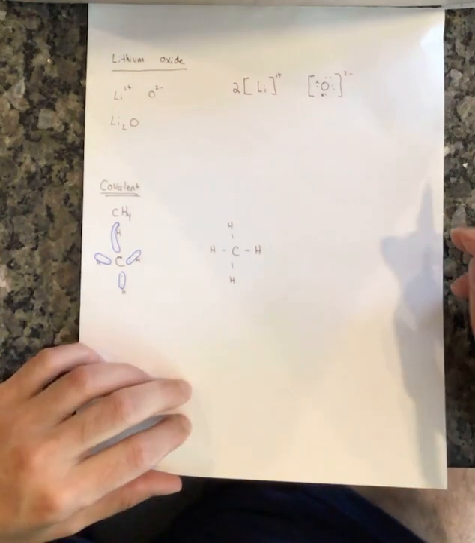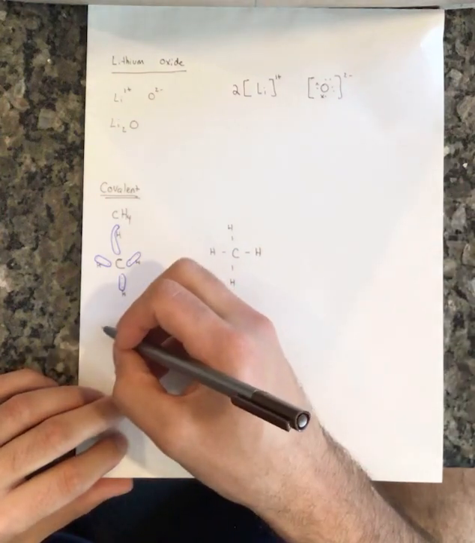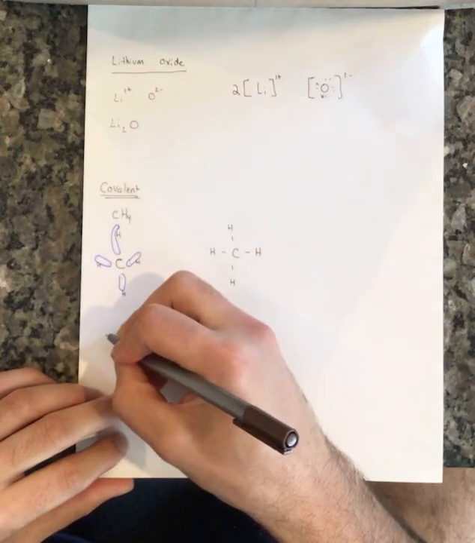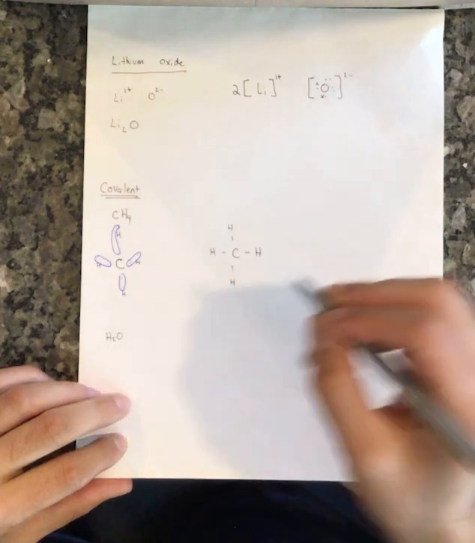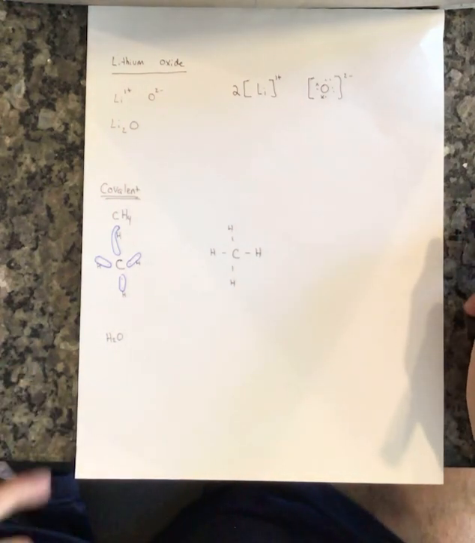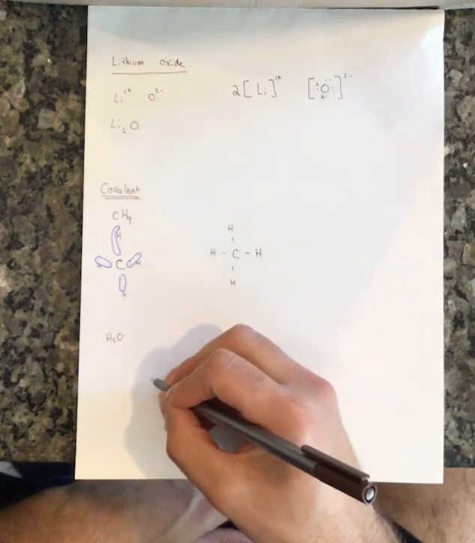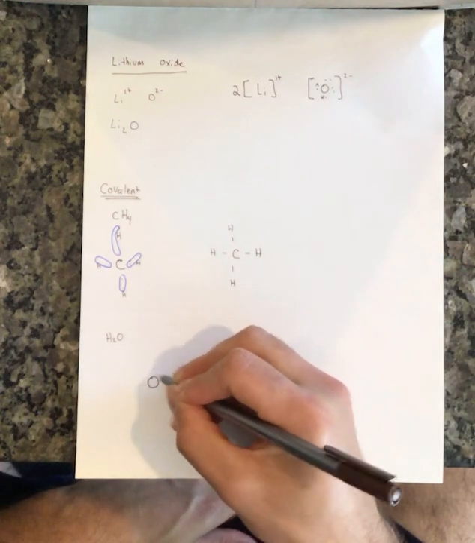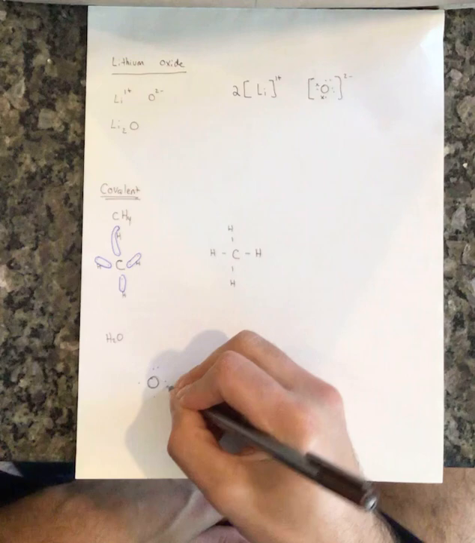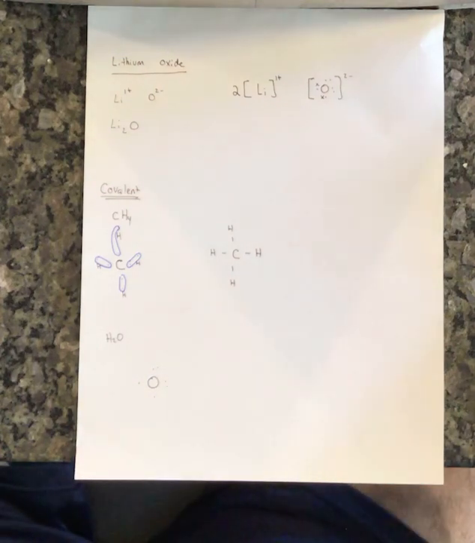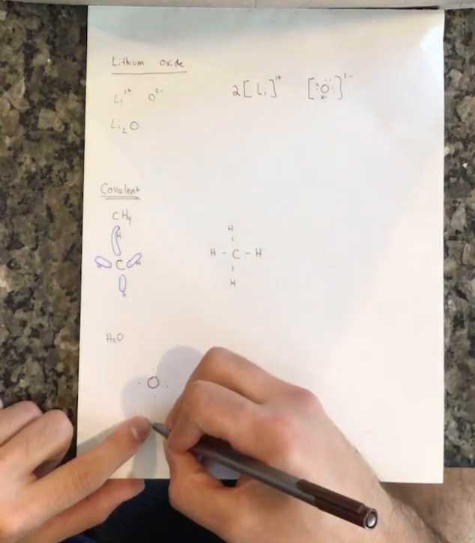All right, let's draw another one here. Very common one, H2O. All right, so as you can see, we have 2 hydrogens, we only have 1 oxygen. So oxygen is going to be my middle. So I'm going to have 1, 2, 3, 4, 5, 6. Okay, now if you go in order, you should be able to get them right every single time. Now we're going to have 2 hydrogens.